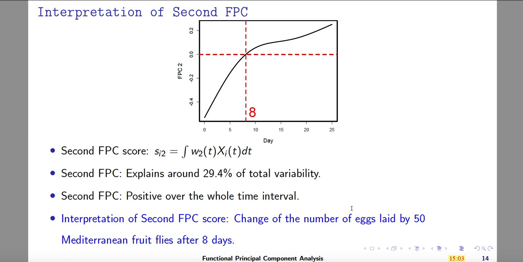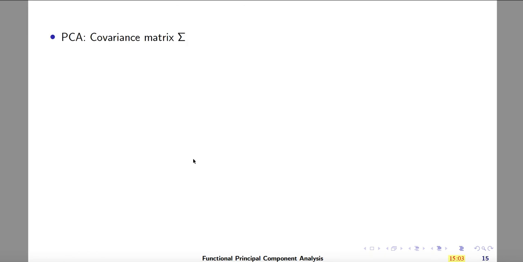Is this clear? I personally think it is easier to understand the second FPC, or the first FPC, when you treat it as the weight on the average of the curve. So this is the interpretation for the second FPC.